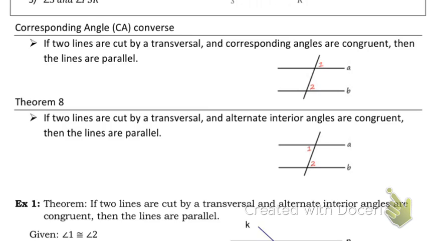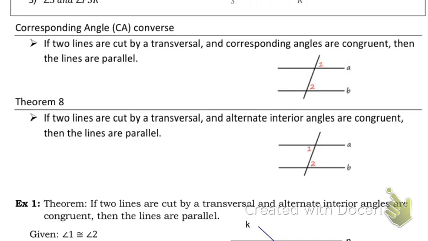The converse says if two lines are cut by a transversal and corresponding angles are congruent, then the lines are parallel. So this is going the opposite direction.